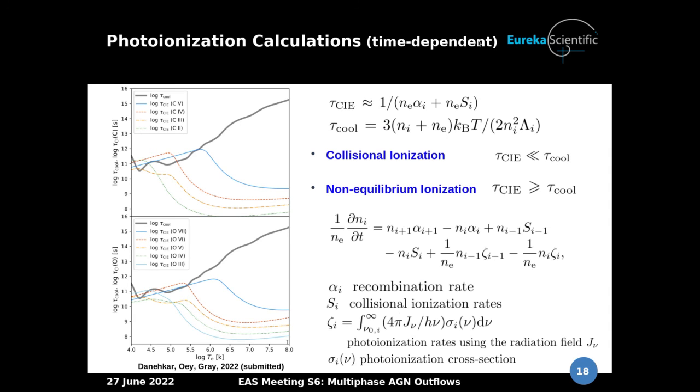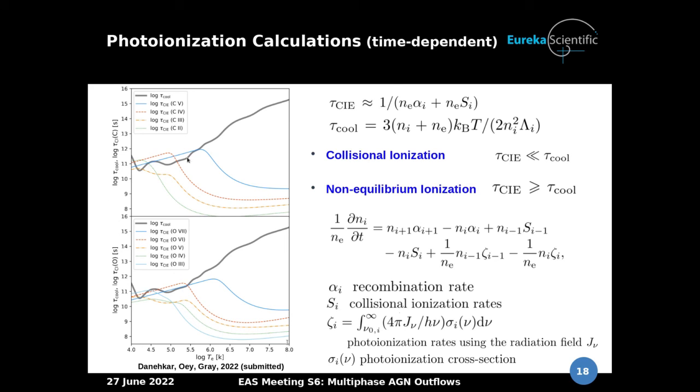The other thing is time dependence effects, which show their effect in non-equilibrium ionization when the time scale of collisional ionization is much larger than the time scale of radiative cooling.